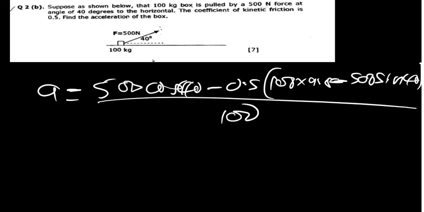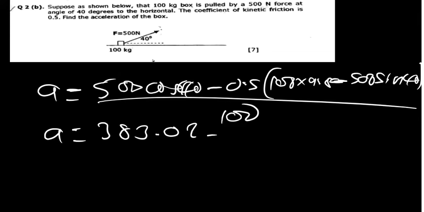So what is 500 cos 40? I'm getting 383.02, minus. Inside here I'm going to have 100 times 9.8, which is 980.